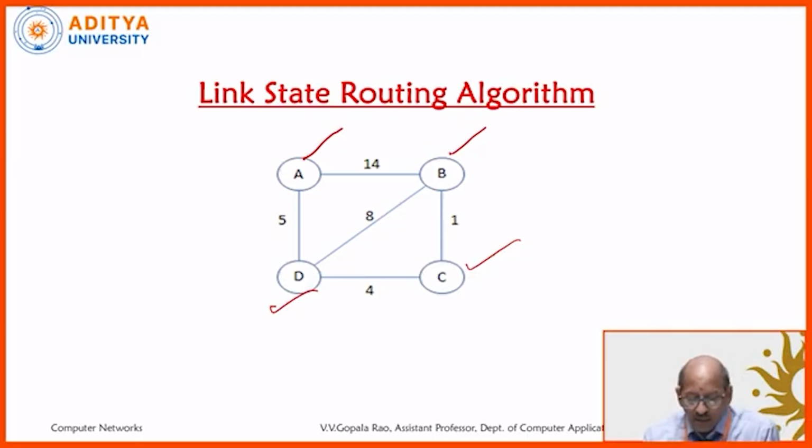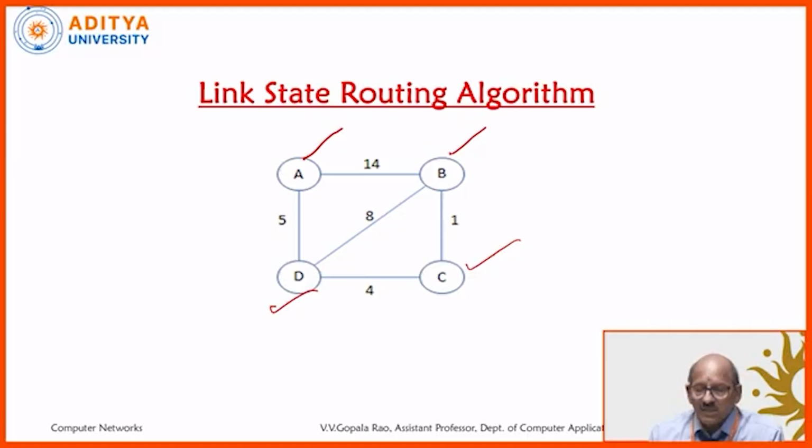In this graph, A, B, C, D are the routers or nodes, but there are links connecting only some nodes. If you see the figure, between A and C there is no direct link. There may be some path that allows the packets to reach from A to C in some direction, and we will see finally how that is possible.